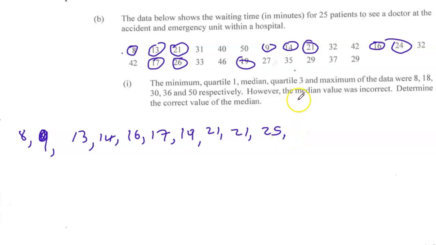Was there a 25? No, there's no 25 actually, so it's 26. 27, 28, no, 29 is there twice.